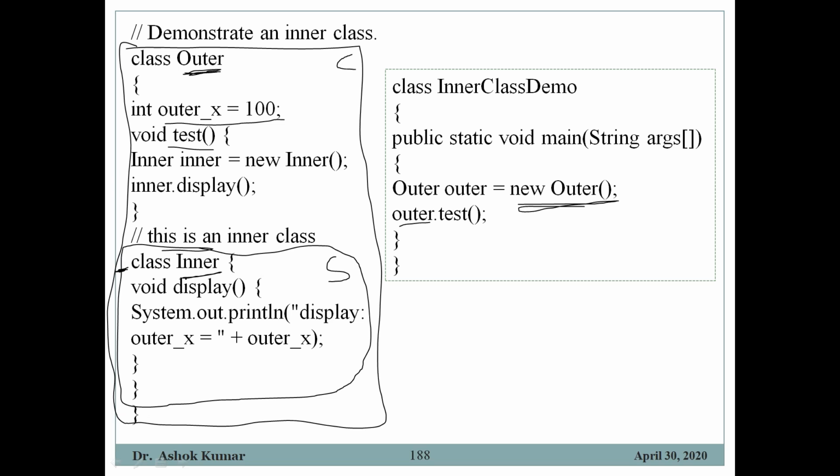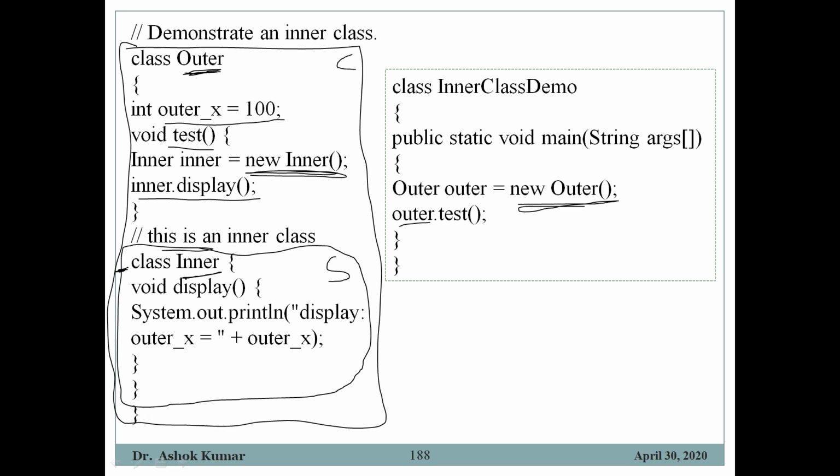This is what we discussed in the previous slide. In the outer class, if you want to access the members of the inner class, you have to create its object. So to call display, you have to create an object of this. We are creating an object of the inner class in the outer class, and after that we are calling inner.display.